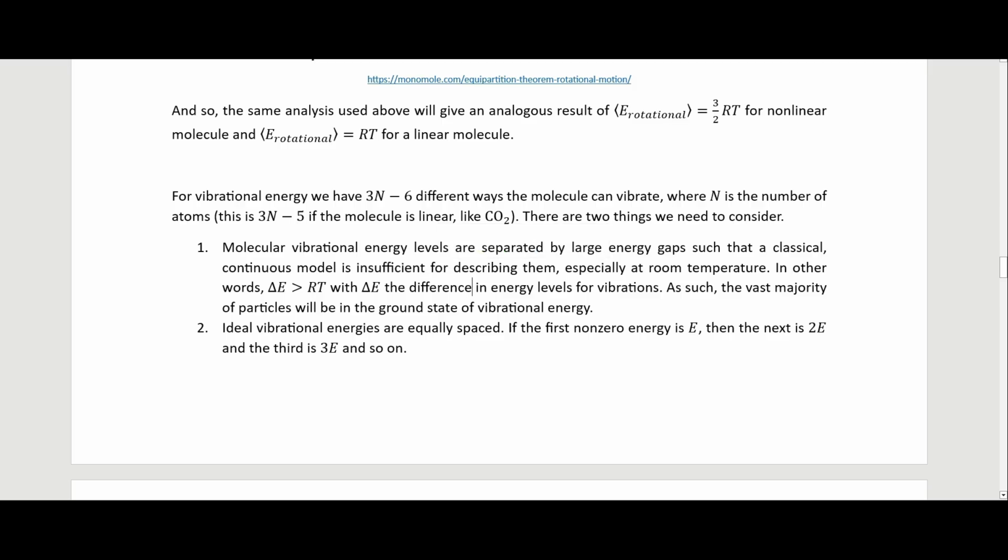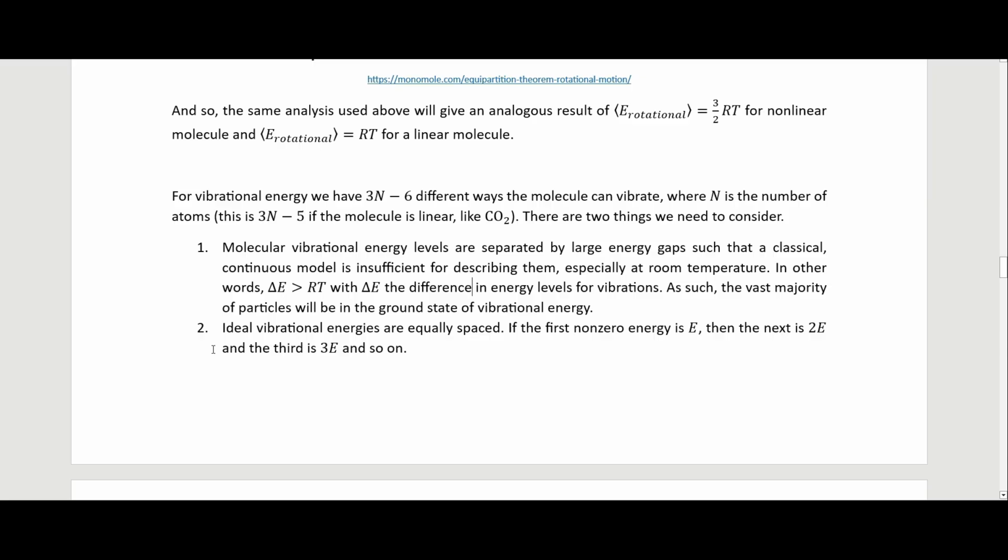So essentially the quanta of energy here are too large. They're not small enough that we can just assume that it's continuous, especially at room temperature. In other words, delta E is greater than RT, where this delta E is the difference in energy levels for vibrations. As such, the vast majority of particles at room temperature will be in the ground state of vibrational energy.